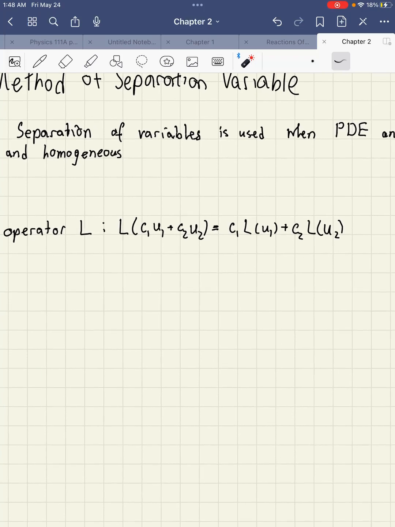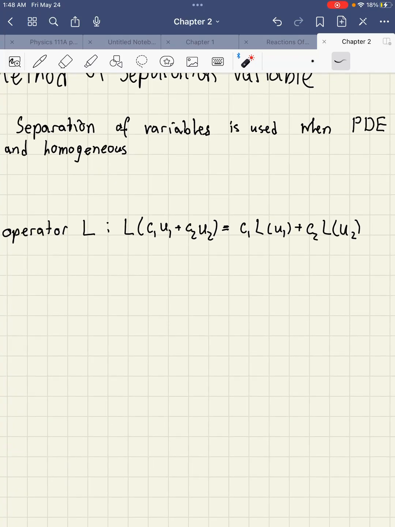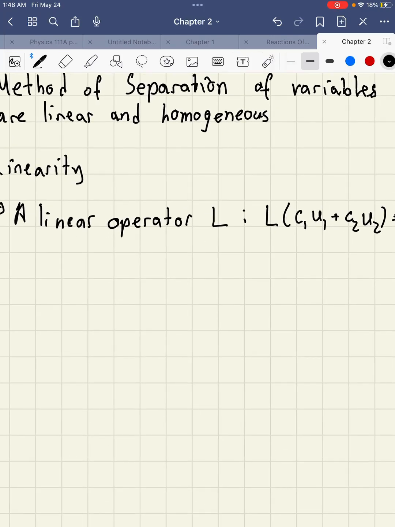And we make sure that our PDEs contain this linear operation. Let me bring an example, one that we see a lot in this lecture. For example, if I take the partial derivative with respect to time of C1 U1 plus C2 U2, in this case my L is the partial derivative with respect to time.